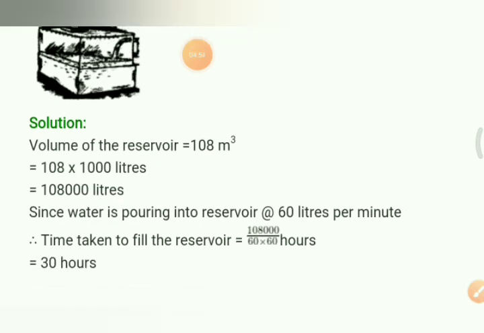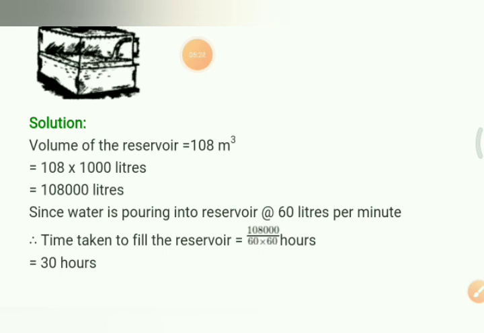Now since water is pouring at the rate of 60 liters per minute, time taken to fill the reservoir will be the total volume divided by the rate. So when you divide 1,08,000 by 60 into 60, why 60 into 60? It is the conversion into hours from minutes.